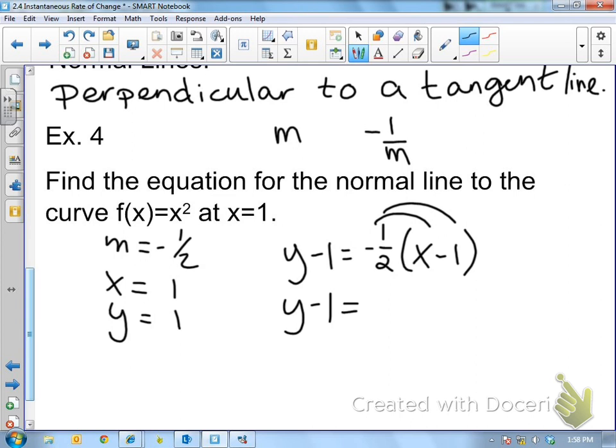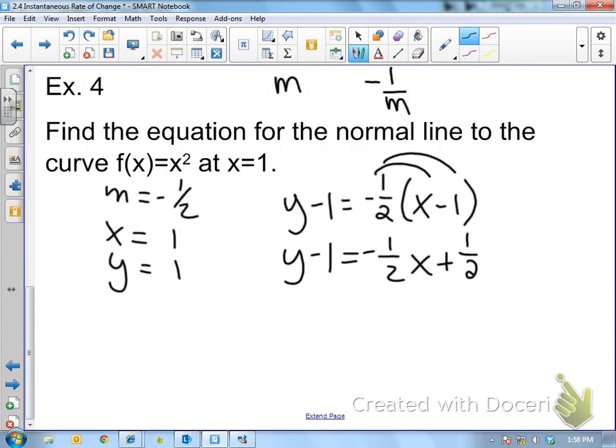Negative 1/2 times x is negative 1/2 x. Negative 1/2 times negative 1 is positive 1/2. And then we add 1 to both sides. So what's 1/2 plus 1? 3/2.